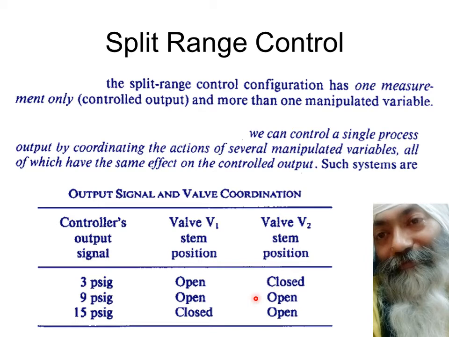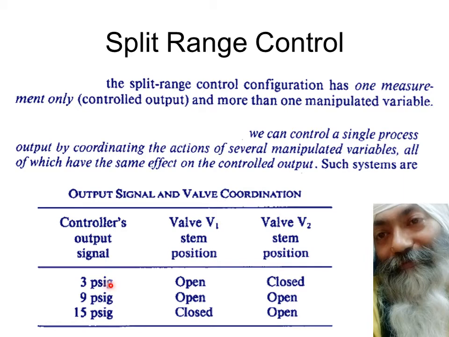Now the moment this goes beyond 9 psi, to 12, 15, what happens? This remains fully open in this range. This is another range, the second range. We have split the range from 3 to 15 psi into two ranges.